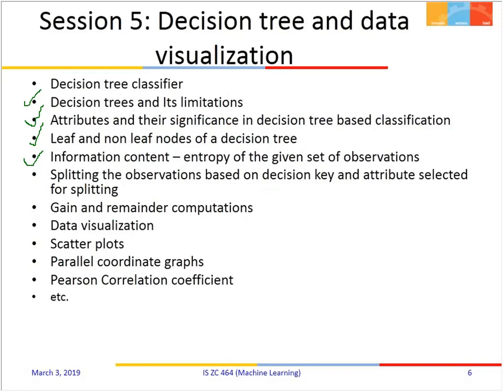This is about their decision-making ability. So you counted the yes or no decisions and then computed the probabilities.